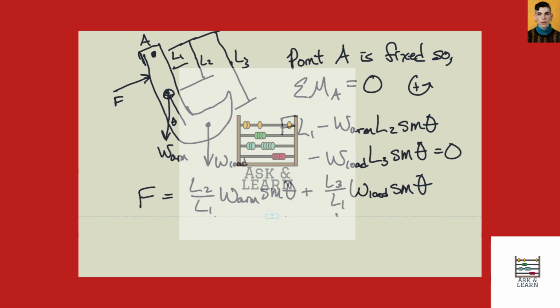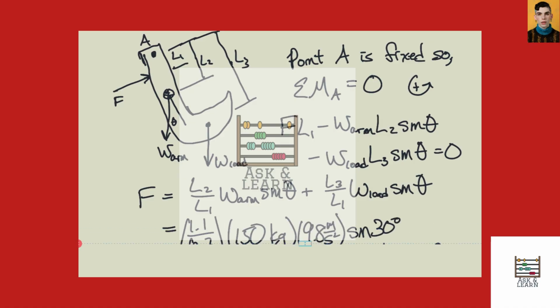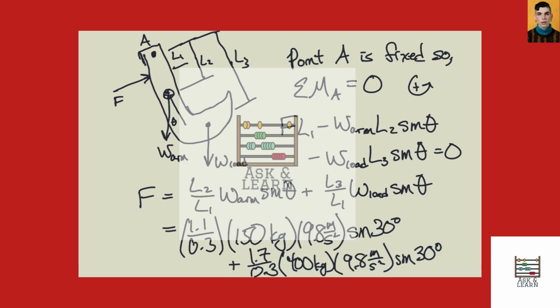So we can solve for F, and we get this equation for the force acting on the hydraulic cylinder. We can start plugging in some numbers. So we have the length ratio, L2 over L1.